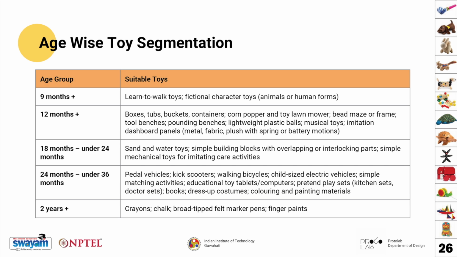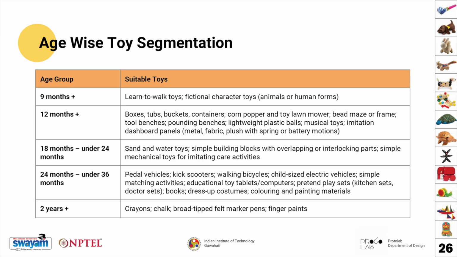Toys like boxes, buckets, bead mazes, tool benches, pounding benches, musical toys, and lightweight balls encourage motor skills, problem solving, and cause and effect learning. Interactive toys such as toy lawn mowers or imitation dashboard panels also introduce early imaginative play.